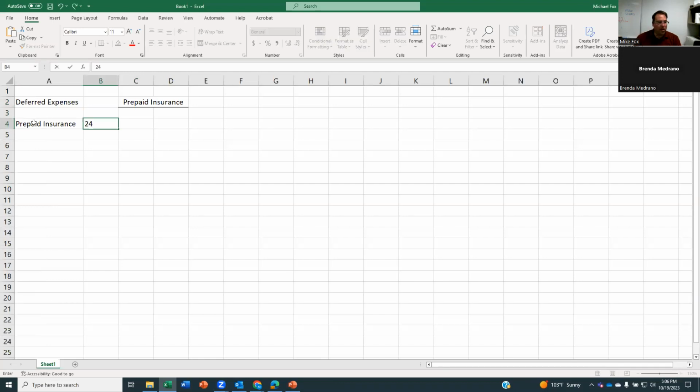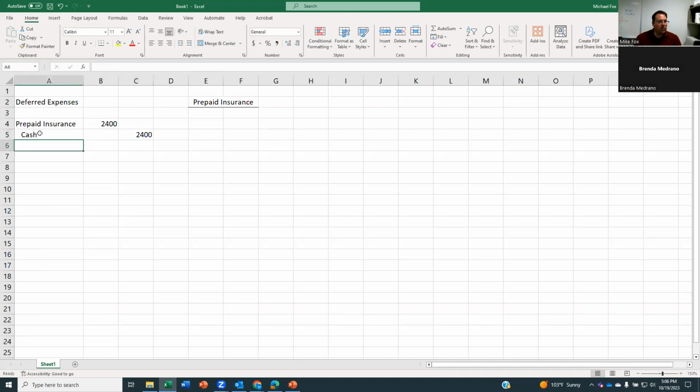So let's just say it cost me $2,400 to buy insurance for the whole year. And then I would credit my cash 2,400. So that's what it would look like when I paid for a year in advance of my insurance.